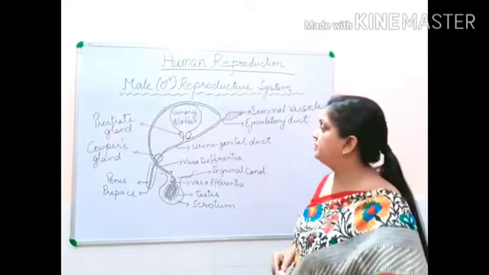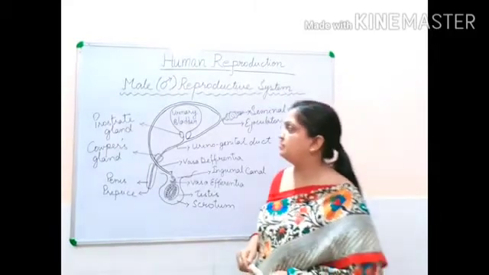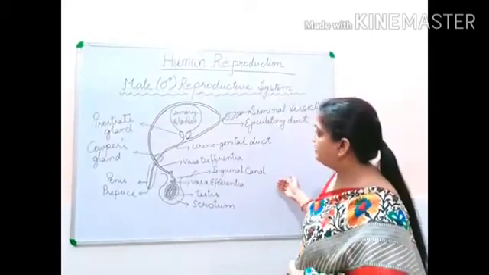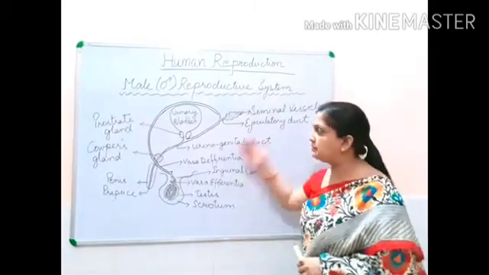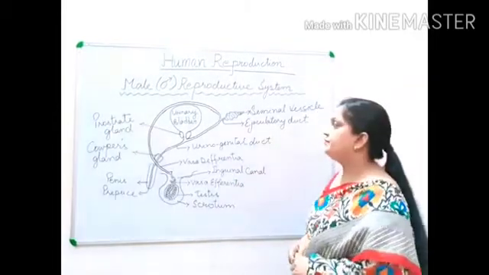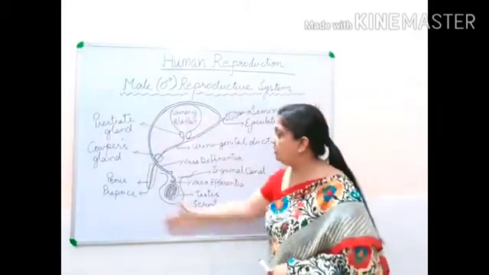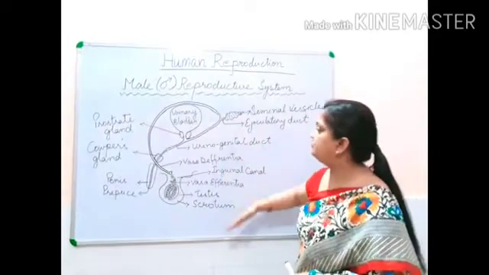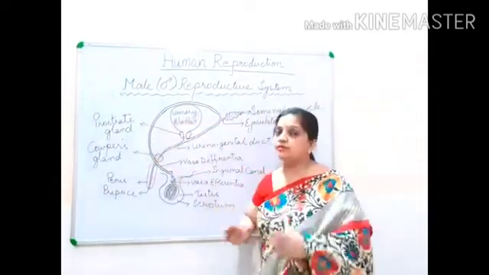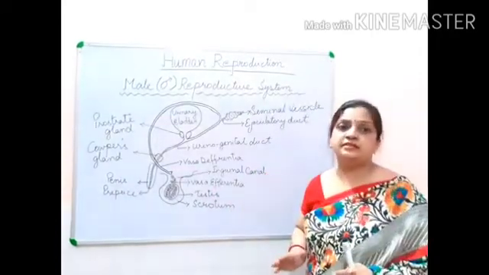Now in the male reproductive system, before moving ahead with each part separately, let us discuss the diagram, how the male reproductive system looks. You can see that on the board I have drawn the diagram and various labelings are over here. The diagram is not very complicated, it's very simple.